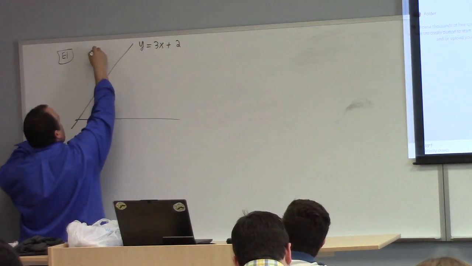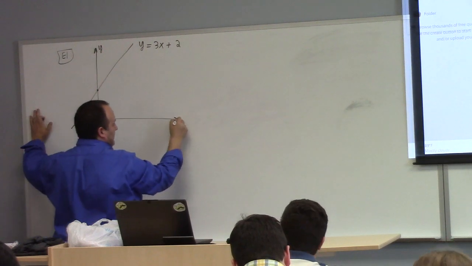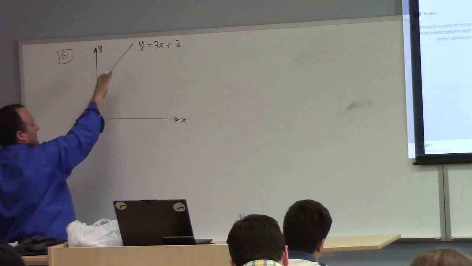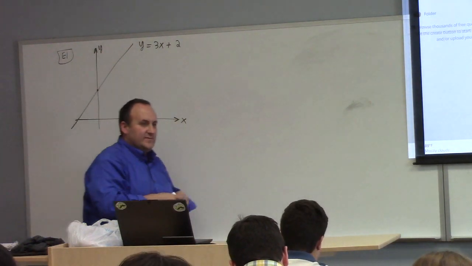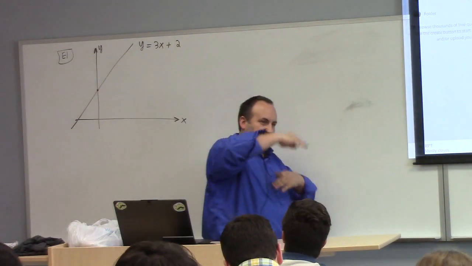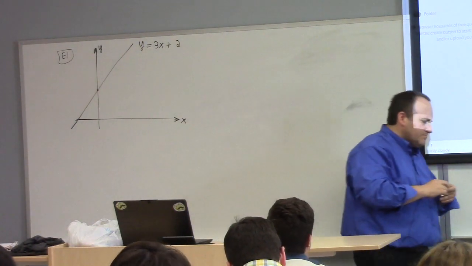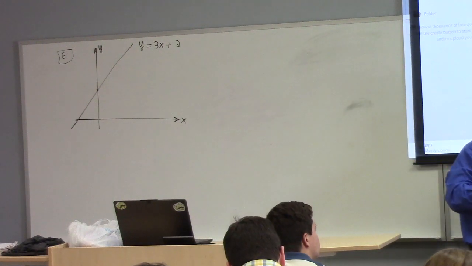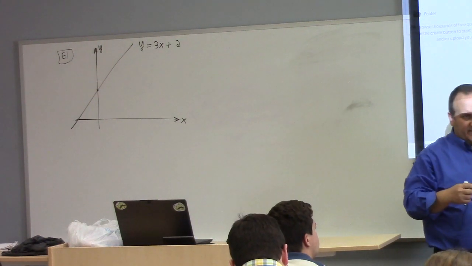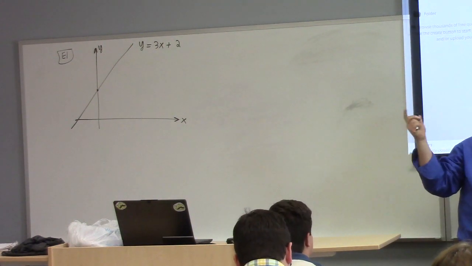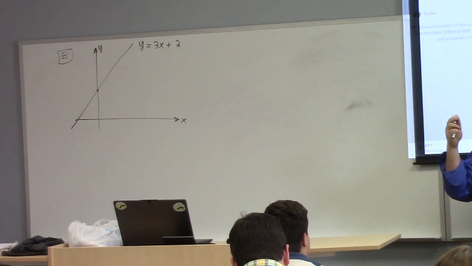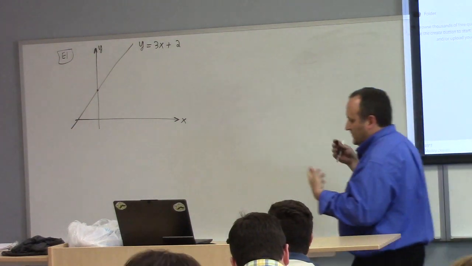Obviously my graph doesn't have the same scaling on the x and the y axis, right? If you use different scaling on the y and the x, then what you might think of as slope 1 wouldn't actually be slope 1, right?